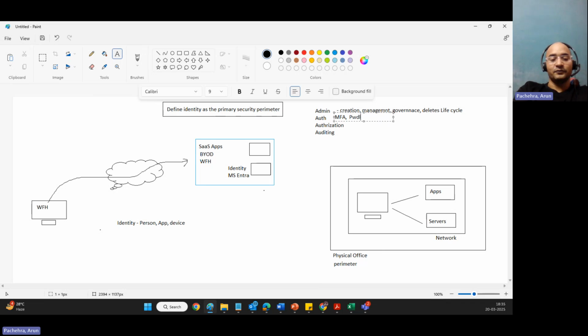We could have password-less authentication, like biometrics, or adaptive authentication, where risk-based authentication enforces security dynamically, or conditional access. So there are multiple ways we can define authentication in a secure way.